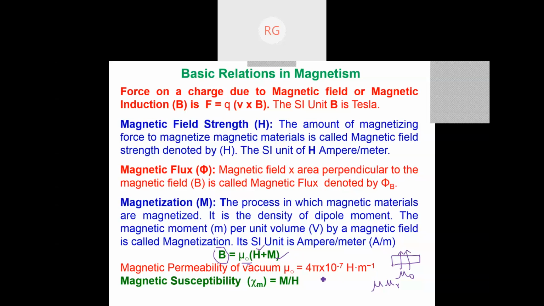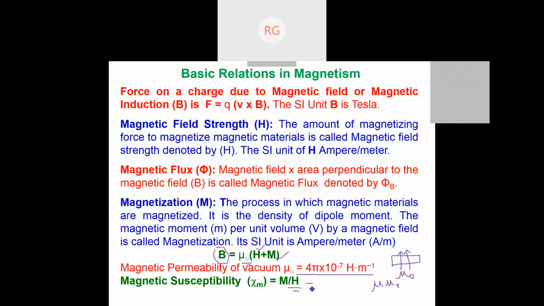The free space magnetic permeability is given by this value. It is a constant, 4 pi times 10 to the power minus 7 Henry per meter. And the ratio of M by H, magnetization by magnetic field strength, is called chi, the magnetic susceptibility, which we have seen in superconductors.